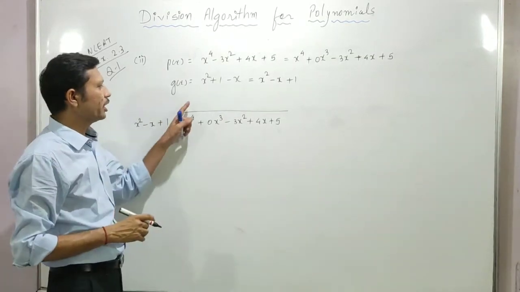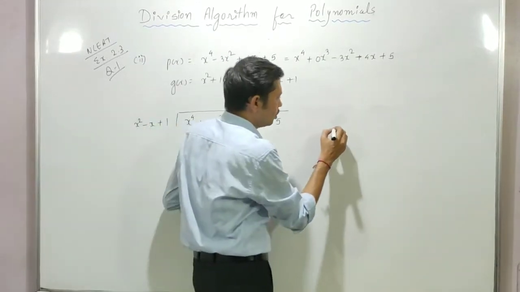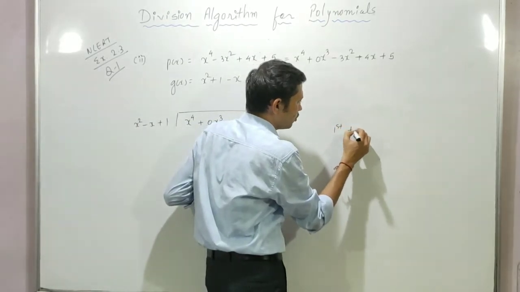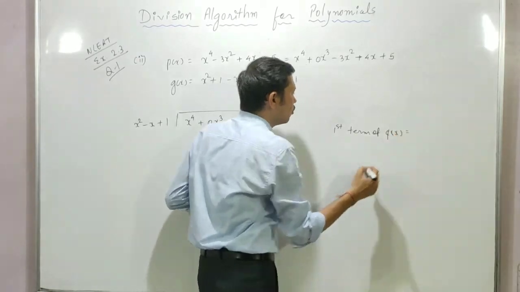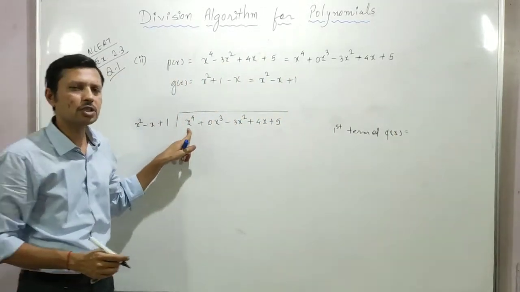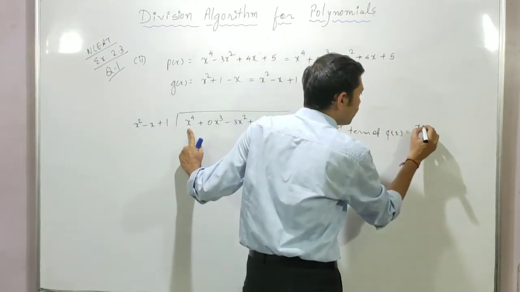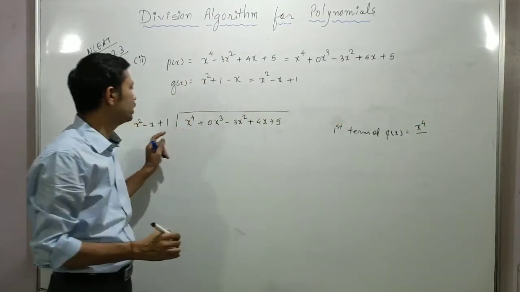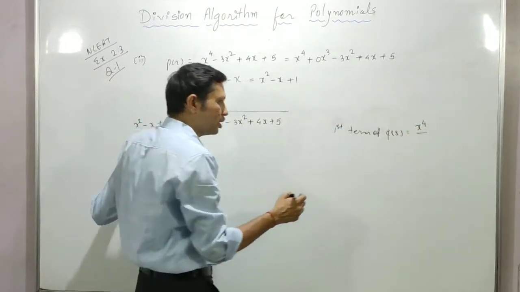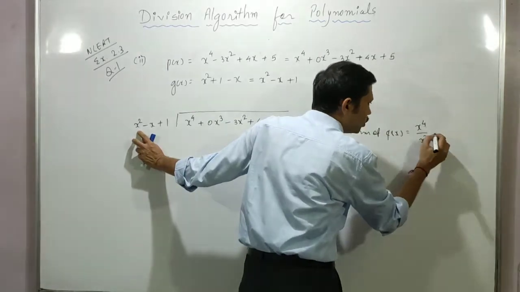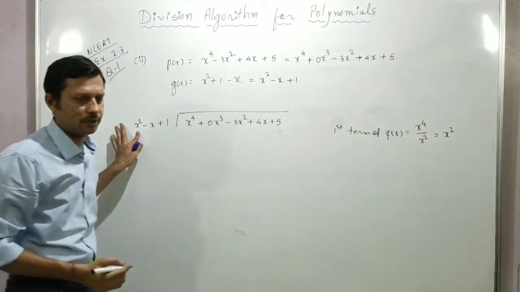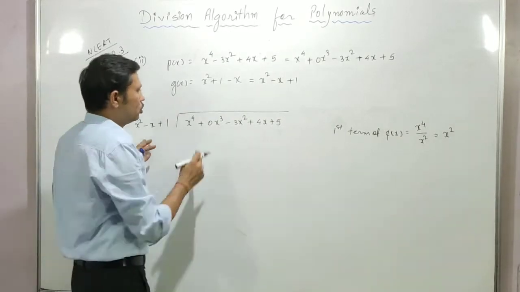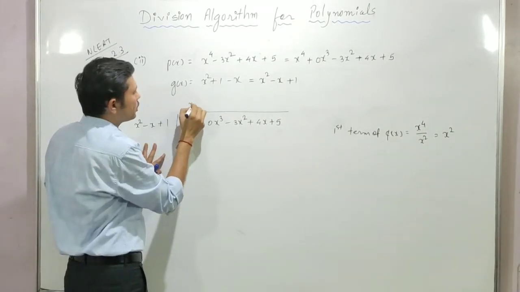Now to get the first term of the quotient q of x, what do we have to do? The first term of the dividend, that is x to the power 4, should be divided by the first term of the divisor, that is x square. From the 4 the 2 power is subtracted, so what is left? 2 power. And the quotient is x square.